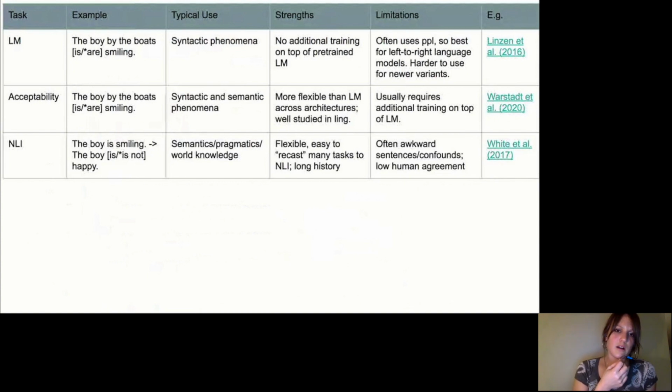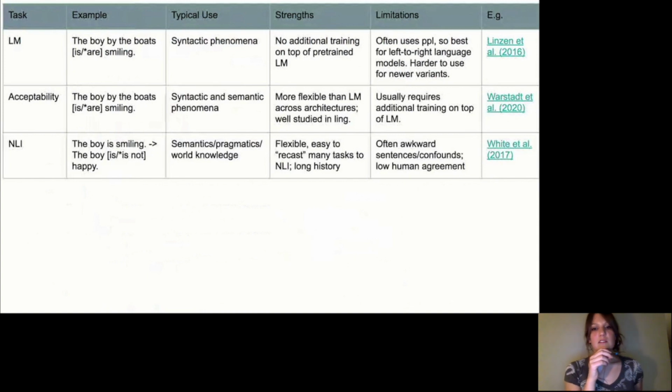You can also recast, to use a phrase I'm borrowing from White et al., a lot of tasks, so question answering or named entity recognition or various kinds of lexical, semantic, or lexical syntactic tasks, in this NLI framework. And so it's very flexible. It also allows us to probe for a lot of semantic and pragmatic and world knowledge phenomena in a way that language modeling and acceptability does not.